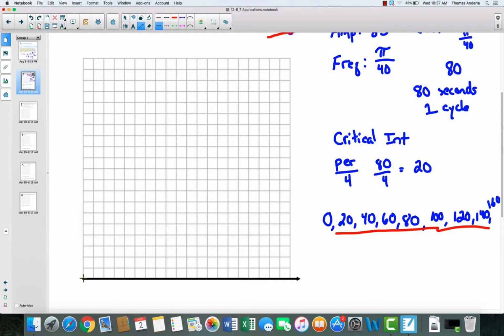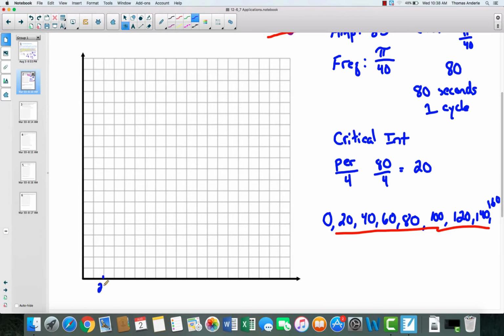And the reason why I'm left aligning it is we're not going to go negative time in seconds. So I'll do the x-axis first. I'm going to skip 2 boxes, I think.